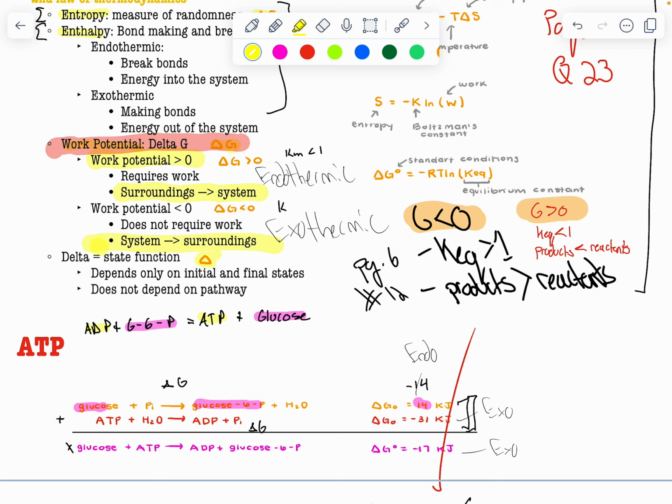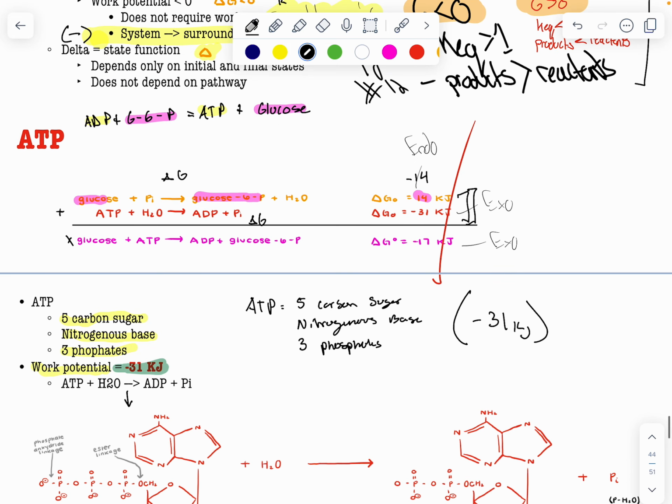So basically, this is an exothermic reaction right here because we know that we're going to have a negative energy value here. Anytime you see a negative, you should think that your delta G is less than 0, and that is just signifying that we have the required energy to make these reactions occur. And anytime our delta G is greater than 0, we are thinking positive because we have to input energy to get these reactions to go.